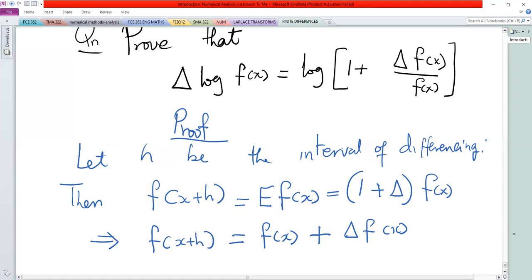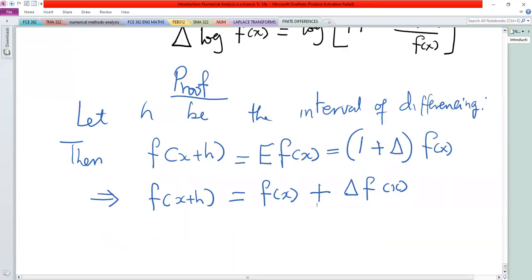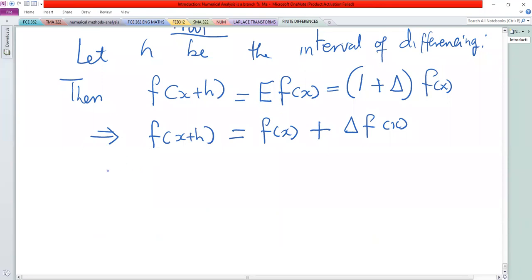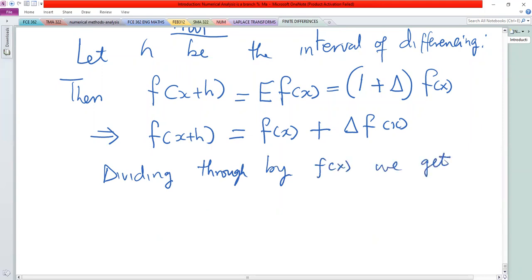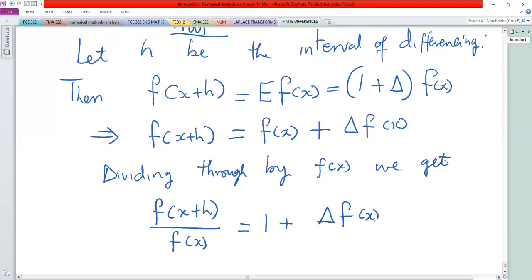So it implies that if I divide through by f of x, we get f of x plus h divided by f of x is given by 1 plus forward of f of x divided by f of x.